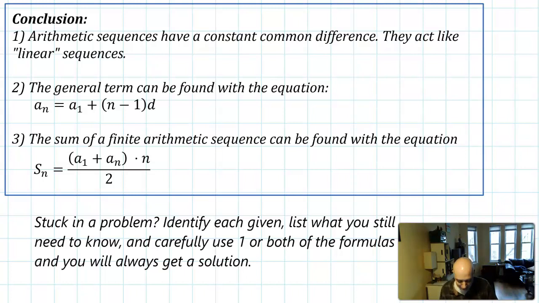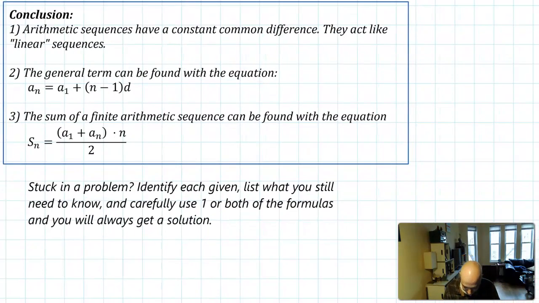Because they grow so regularly, the general term can always be found with the equation a_n = a_1 + (n - 1)d. And if you need to add up the terms of any finite arithmetic sequence, not infinite, you can use the sum of the first and last terms times the number of terms, divided by 2. With these two equations and this general definition of arithmetic sequences, you can do any problem in the book.